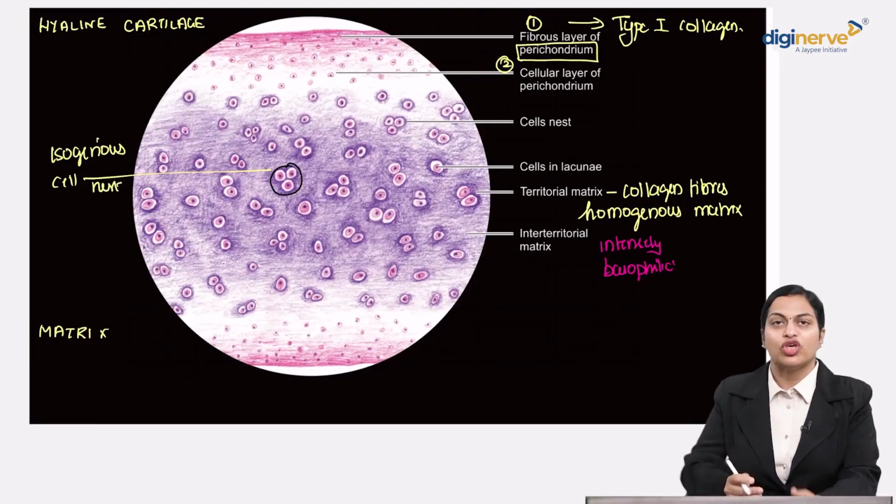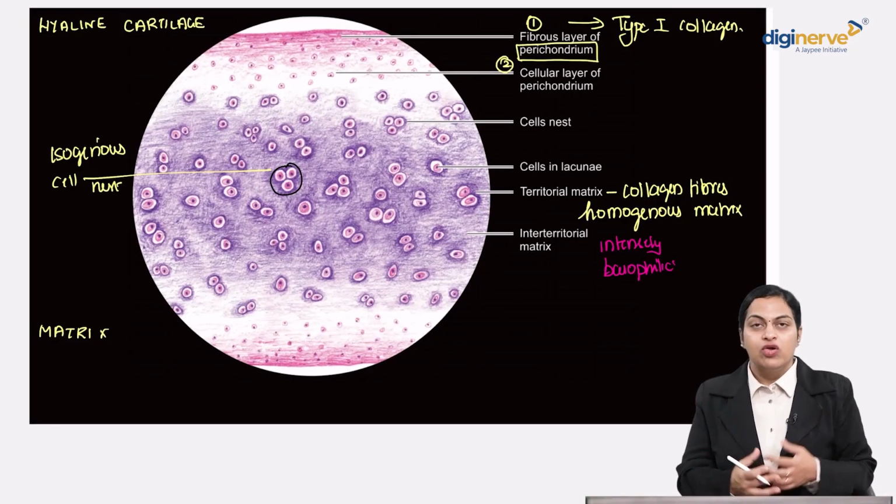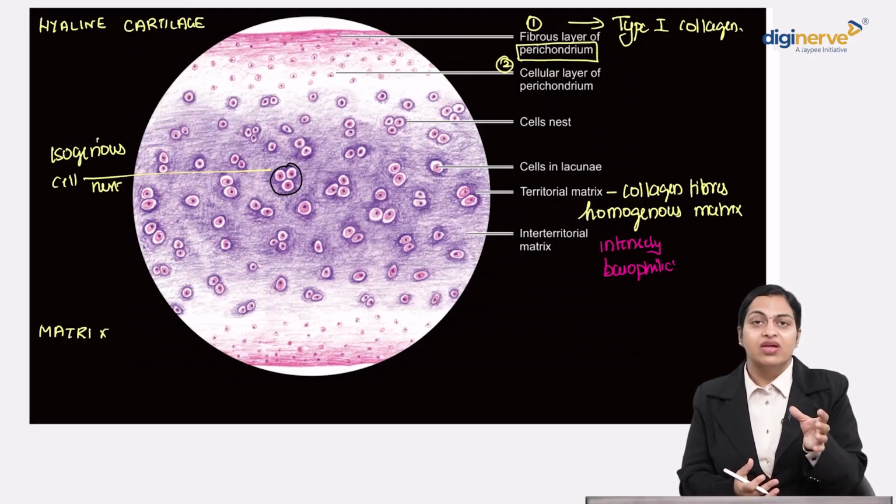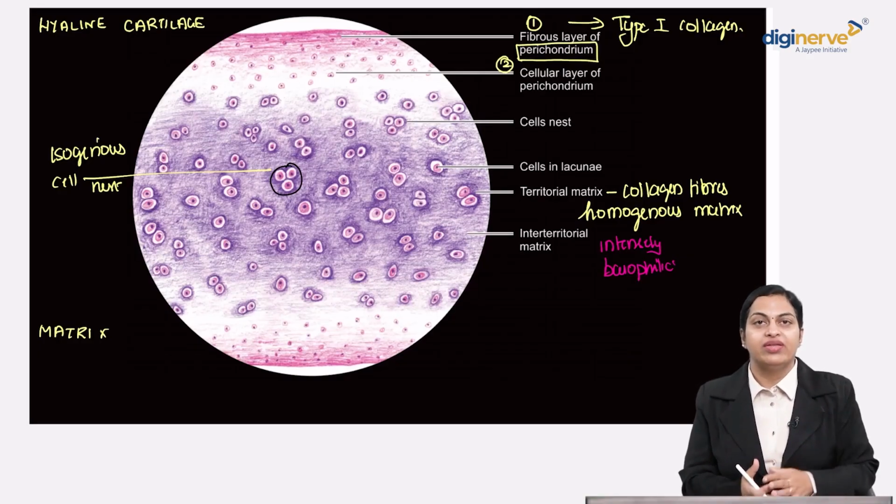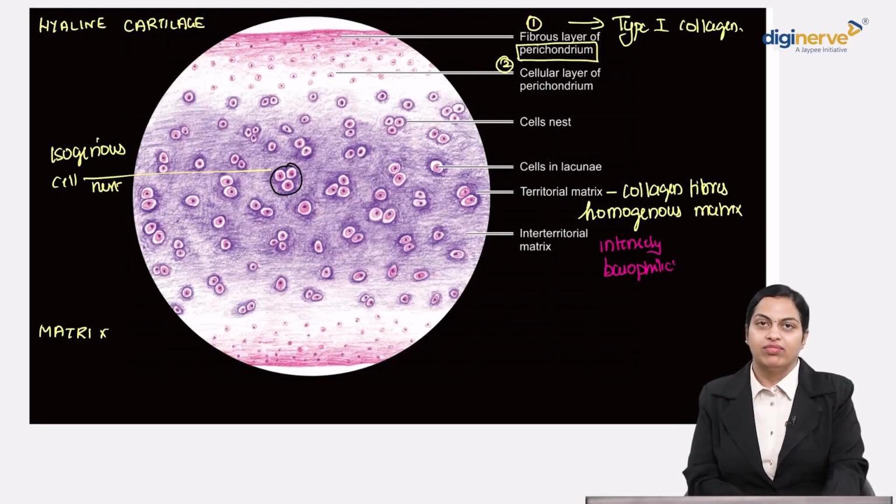Very characteristic of hyaline cartilage. Each isogenous cell nest may contain 4 to 8 cells in a hyaline cartilage. The elastic cartilage also has isogenous cell nests, but they have smaller cell numbers, like 2 to 4, okay?